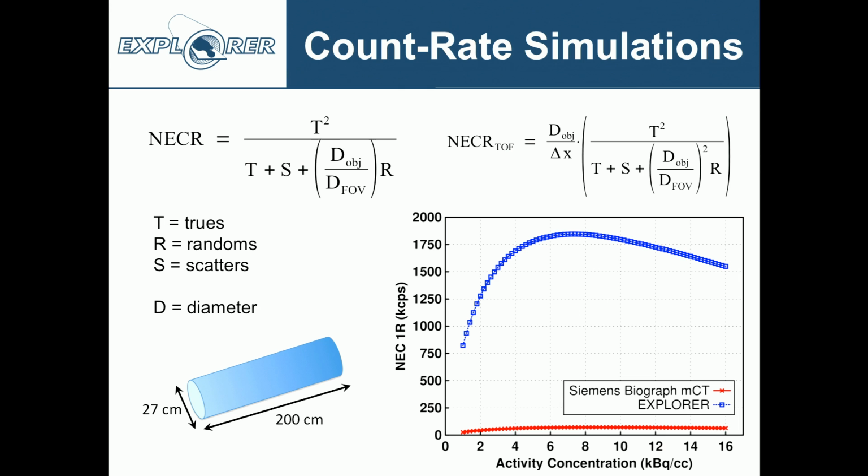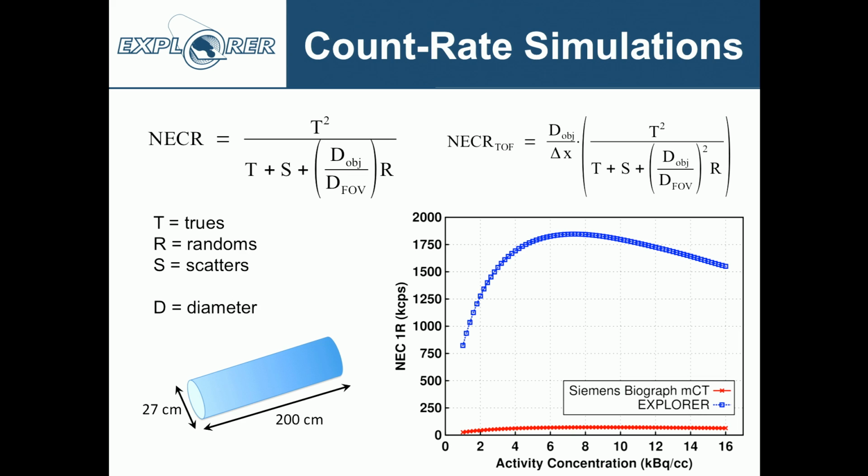And so this is the current clinical mCT scanner. In red here, this is activity concentration versus this measure of sensitivity on the vertical scale. And for the much longer scanner that we would like to build, we're projecting this massive performance increase here. And as you can see, as you go to high activities, eventually you saturate, and then the count rate and the sensitivity go down.